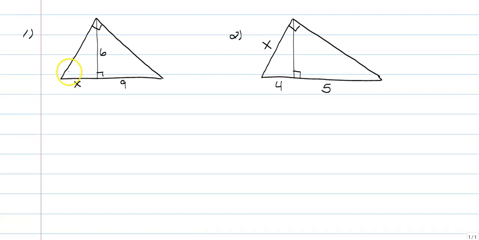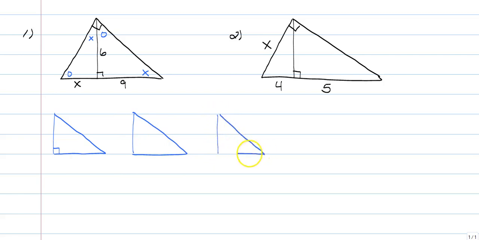So again, I am just going to put an X, an O, X, and an O just for redrawing purposes. So if I went with OX, OX, OX, if we look at this triangle on the right first, we know that this is 6, and we know that this is 9.